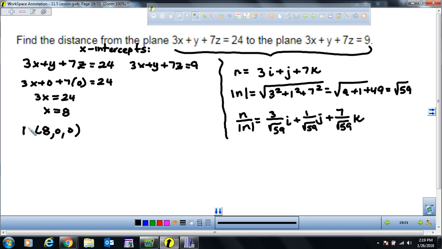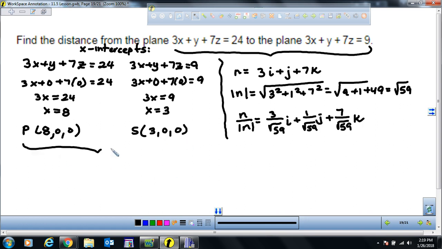Let's call that point P. Then right here, let's do the same. Let y be 0, let z be 0, and find the x-intercept. 3x equals 9, so x equals 3. We're going to call that point S, and that would be 3, 0, 0.